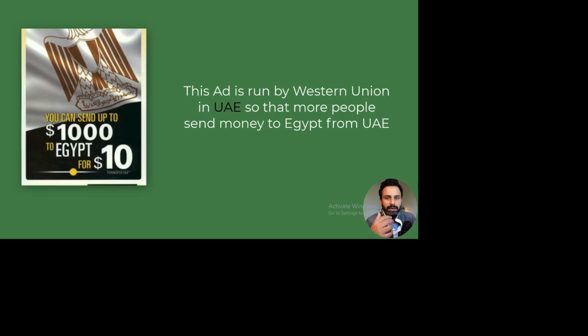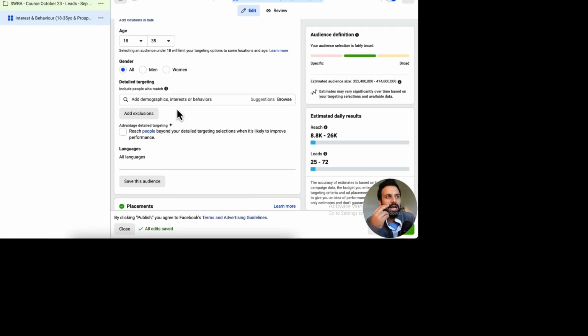Now, when they tell me, okay, we have to start a campaign, I know that in Facebook behavior targeting, I have an option where I can choose people who have lived in a particular country, which means when I'm targeting a campaign in UAE and I'm targeting people who have lived in Egypt, most probably they are Egyptian expats living in UAE, and those are the people who will send money to Egypt. It's just to give you an idea that you should be familiar with what options are available there. You will not remember everything, but at least you have an idea sometimes, right?